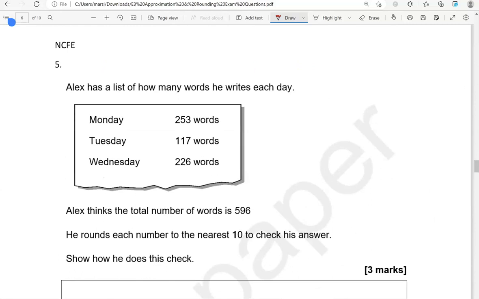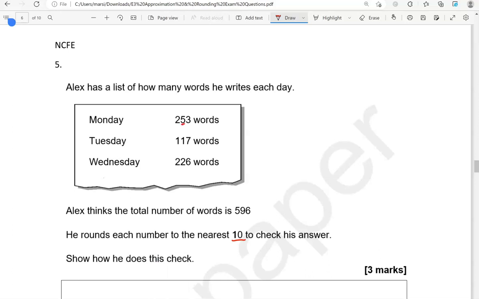Alex has a list of how many words he writes each day. Monday, 253 words, Tuesday, 117 words, Wednesday, 226 words. Alex thinks the total number of words is 596. He rounds each number to the nearest 10 to check his answer. Show how he does this check. So we're going to round the numbers to the nearest 10. 253.